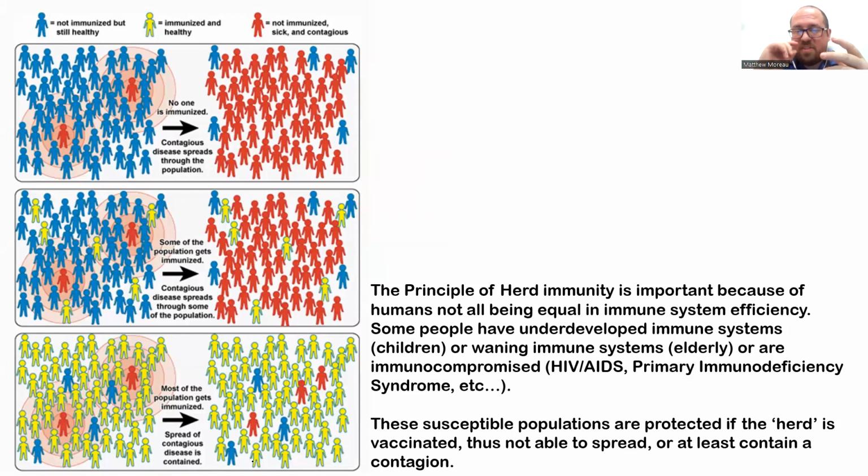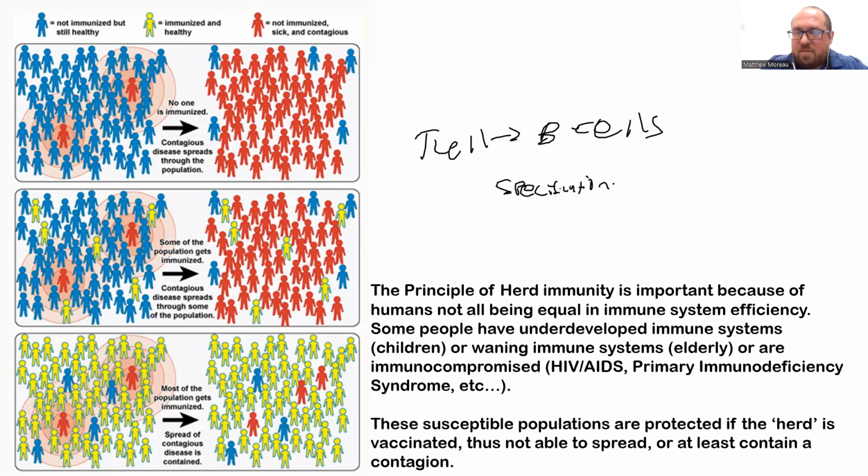And all of this has to do with this concept of both personal generation of memory, but also really important for this concept of herd immunity, because not everybody can generate a response to a vaccine, or not everybody can have a vaccine. So again, if T cells are required for activating B cells, and these are both required for specification of immunity, what if you don't have T cells or B cells?